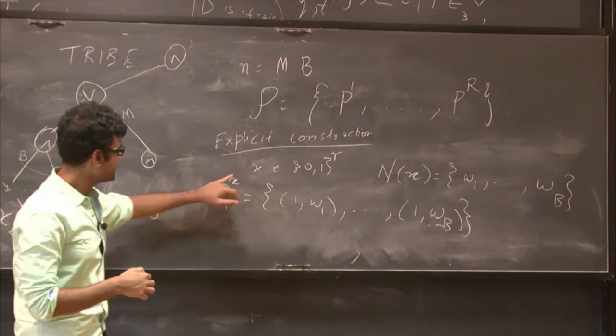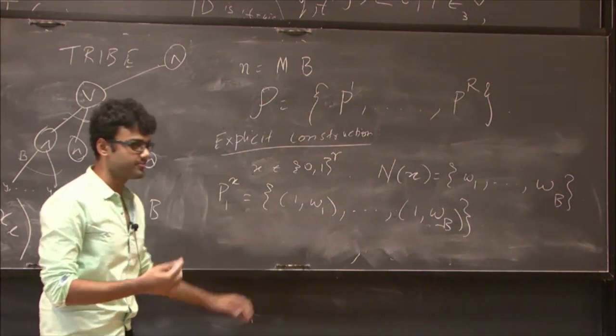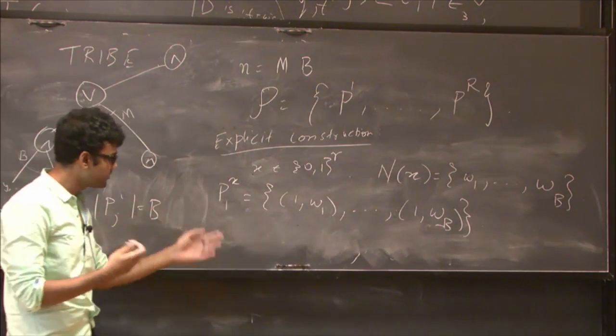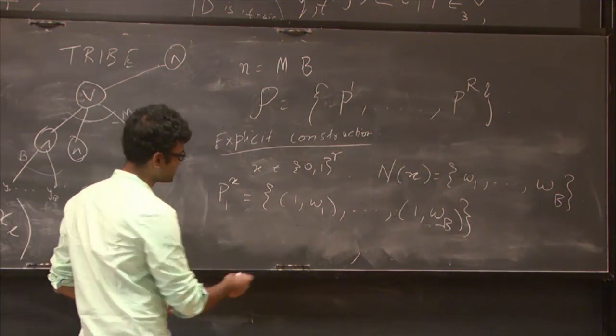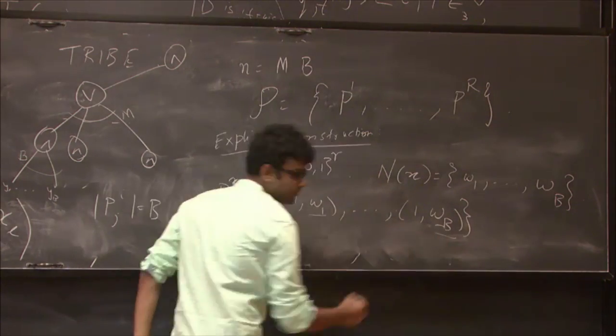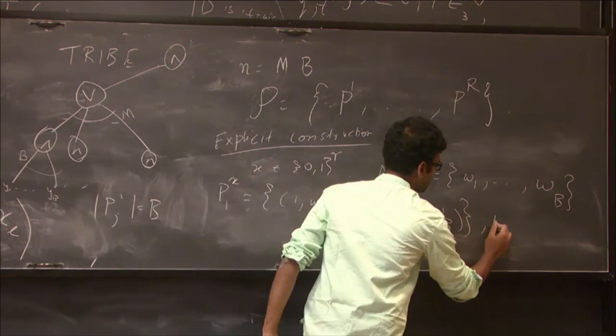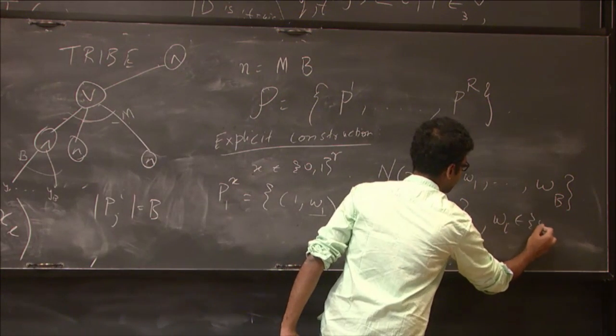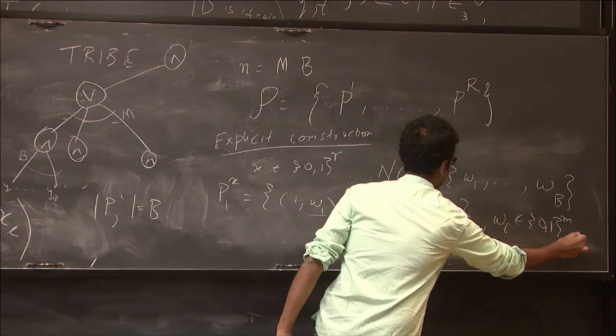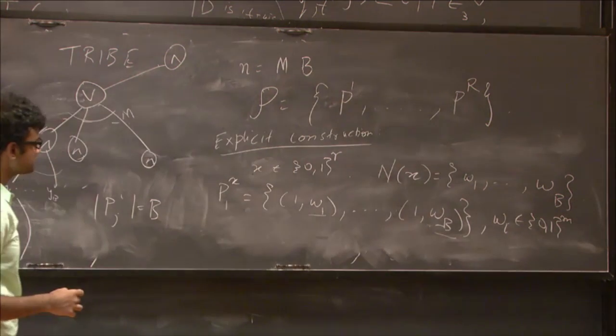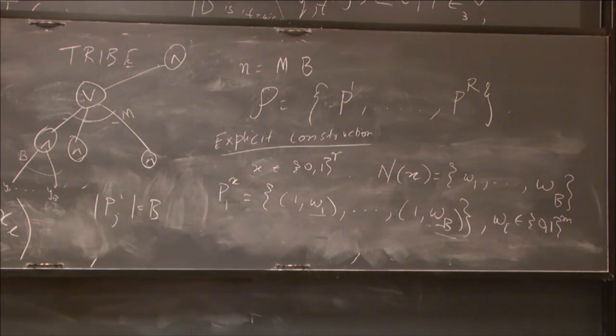And so corresponding to each x, we have an initial block of the partition. And to get other blocks of this partition, we just shift these WBs. So recall that each Wi is an m-bit string, right? Because the neighborhood of x is m-bit strings.